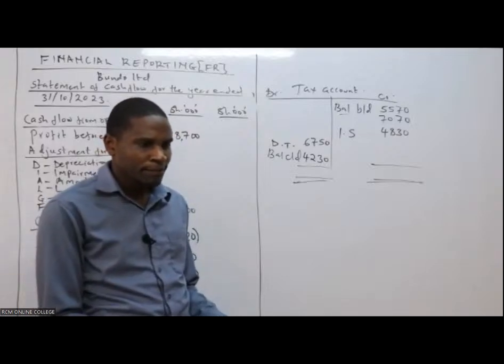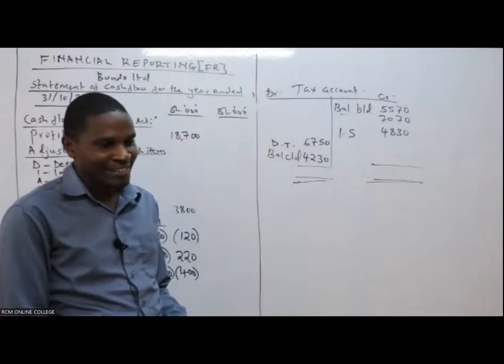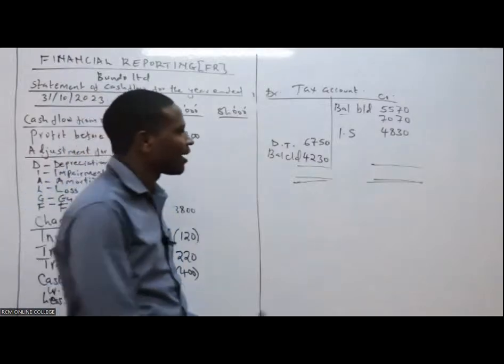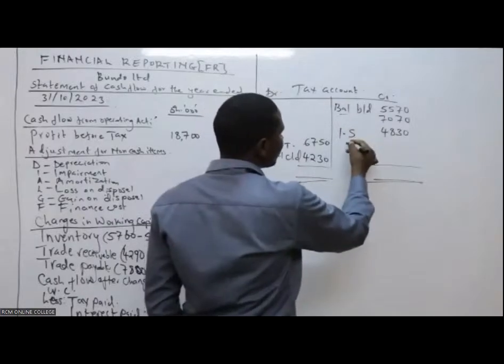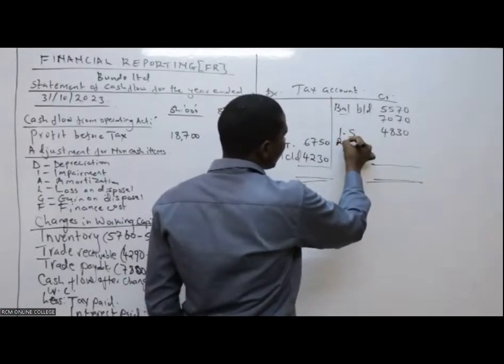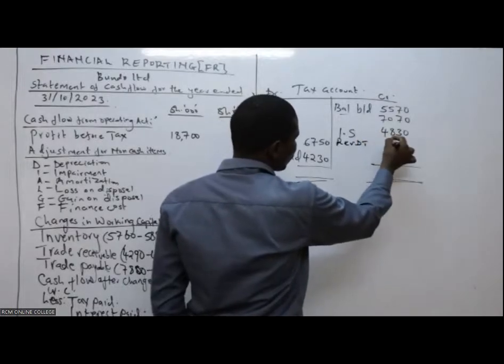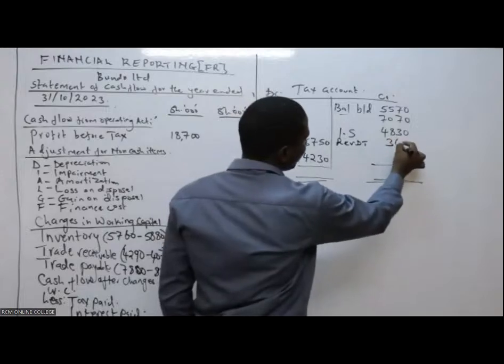Yes, 360, and we credit it under deferred tax, so that we can get the tax paid. We can call it what? On revaluation, there was deferred tax of what? 360. Yes, 360.